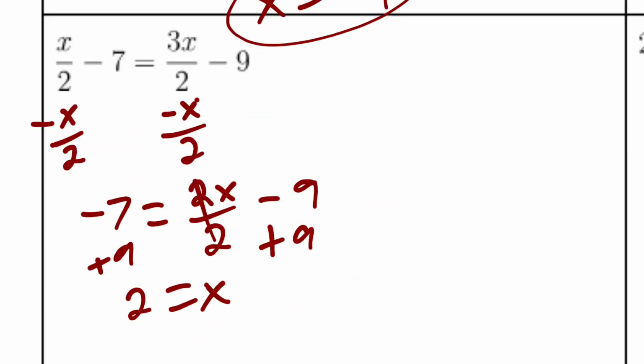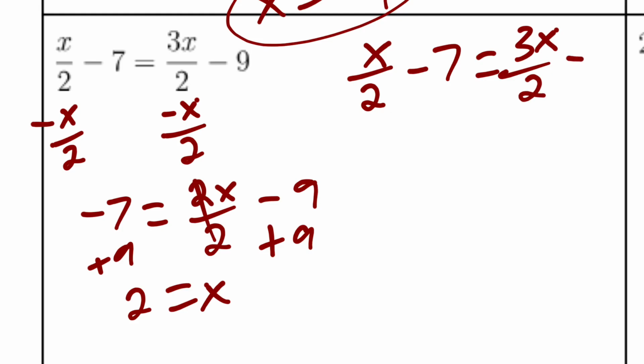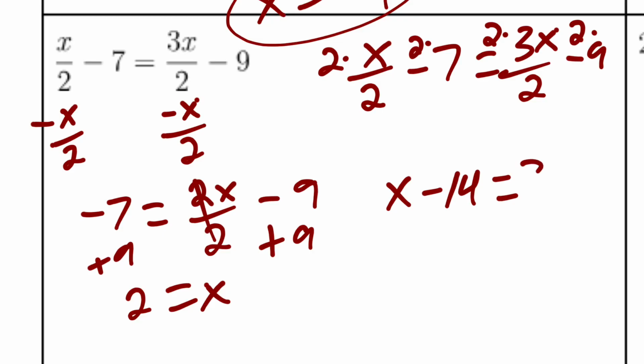If I wanted to instead, I could try multiplying things by 2 to get rid of the fractions. For example, 2 here, 2 here, 2 here, and a 2 here, every single term. This can be rewritten as x minus 14 is equal to 3x minus 18. I might subtract the x from both sides.